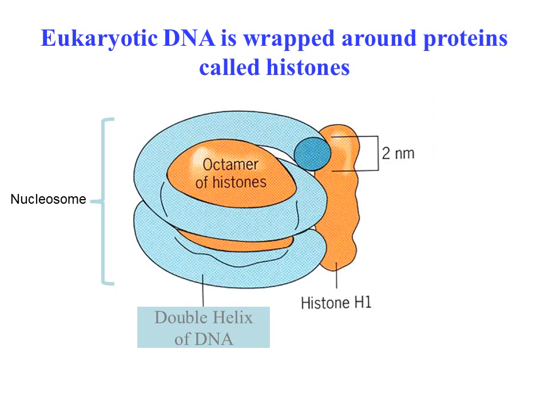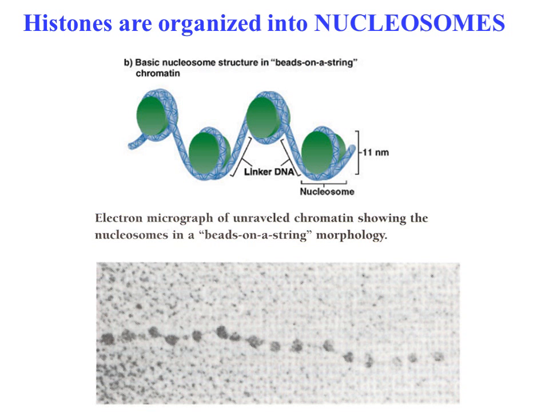So just this presence of the histones is able to compact the DNA by a factor of about 6. With an electron micrograph, you can actually look under a microscope and see this structure of DNA wound around the histones, and we call this structure the beads on a string morphology.